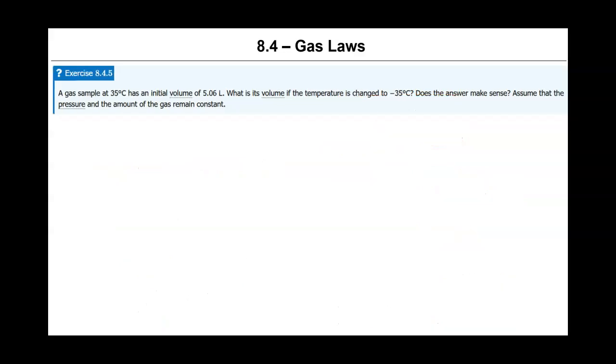Here's another example from the book. We have an initial temperature of 35 degrees Celsius, which I'm going to convert to Kelvin straight away. So 35 plus 273.15 is 308.15 Kelvin. It says a gas sample at 35 degrees has an initial volume of 5.06 litres.